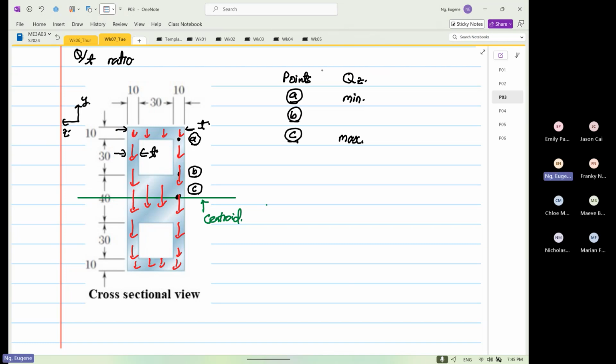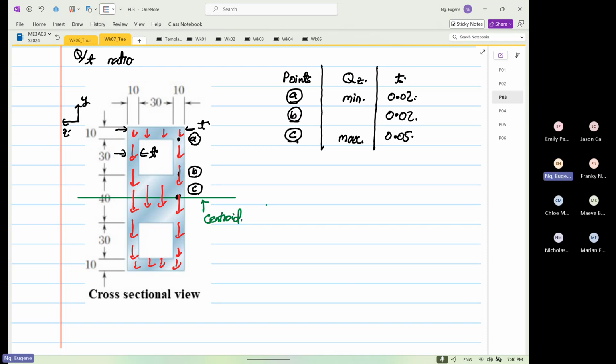Point B is just somewhere in between. If you look at the thickness, point A itself is equal to 0.02. Point C is equal to 0.05, and point B is also equal to 0.02.